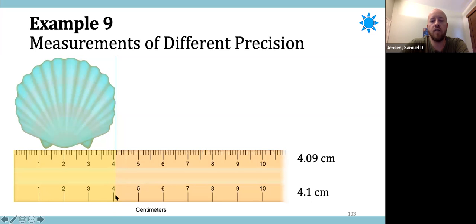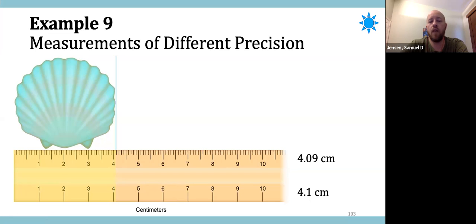This is where it is an estimation. We don't know exactly. It doesn't matter what your guess is of the decimal place. When you read this, you might read it as 4.2, or maybe you say it's 4.3, or whatever. But the point is that you put down the decimal place.